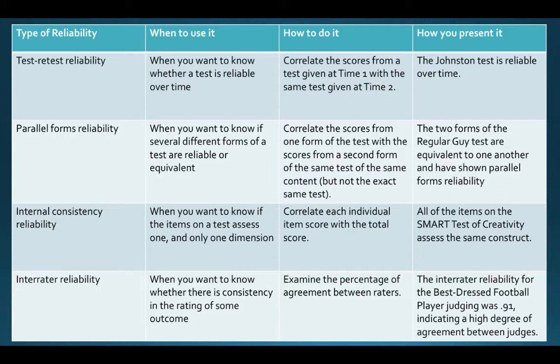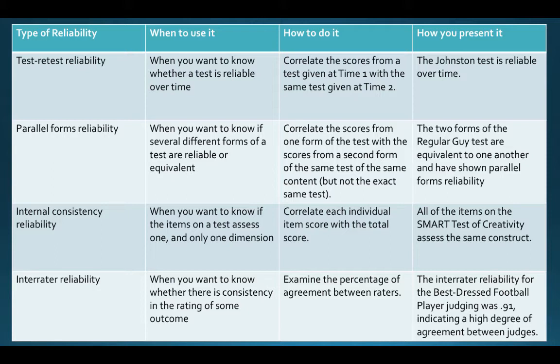For test-retest, you want to know whether a test is reliable over time. So you correlate the scores from a test given at time 1 and the same test given at time 2. Who knows what happened in between those two times. Then you present it as: the Johnston test is reliable over time at a certain level, like 0.833 or 0.92.